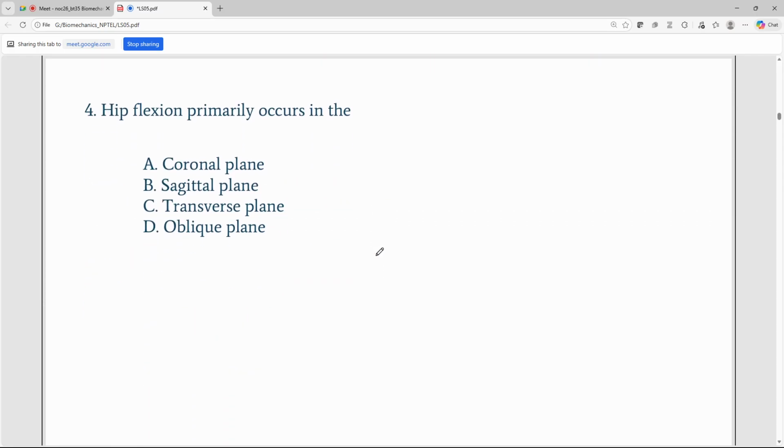Next question. Hip flexion primarily occurs in which of the planes? Repeating once more. The hip flexion primarily occurs in which of the planes? Options are coronal plane, sagittal plane, transverse plane, and oblique plane.